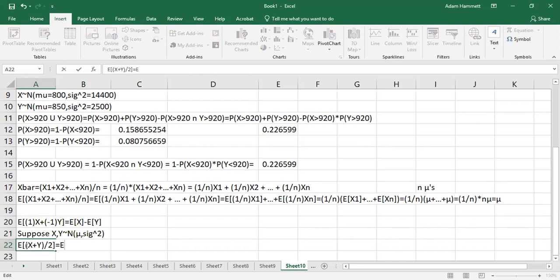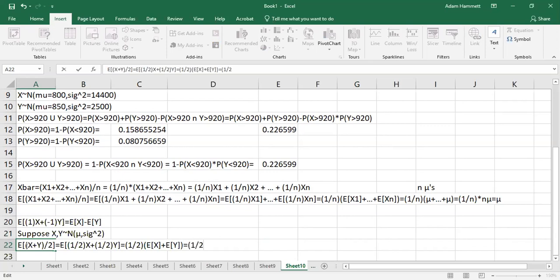That's the expected value of 1/2 x plus 1/2 y. And then I break it apart. I can factor out the 1/2 from the expected value, so this would be 1/2 times the expected value of x plus the expected value of y.